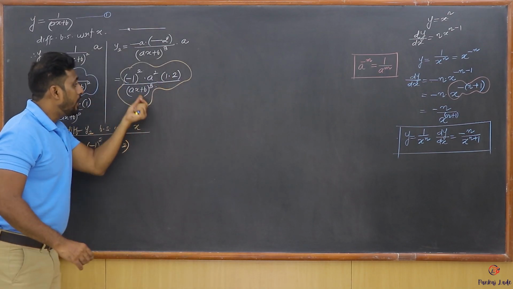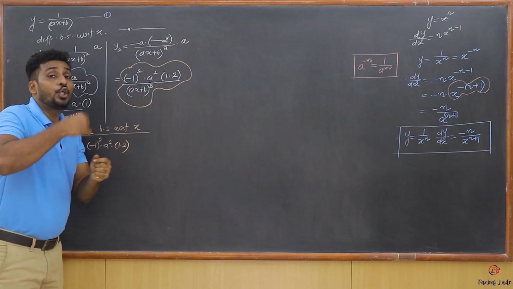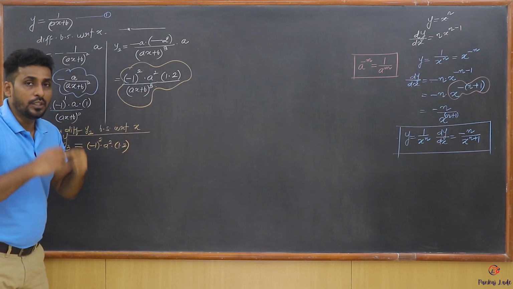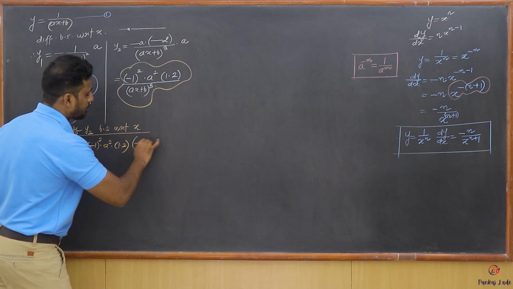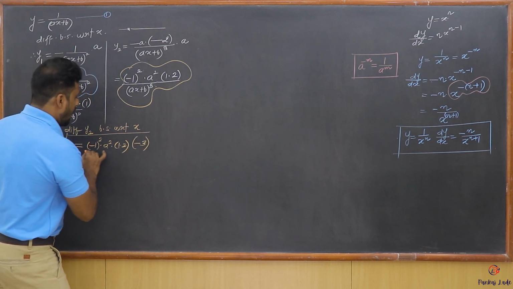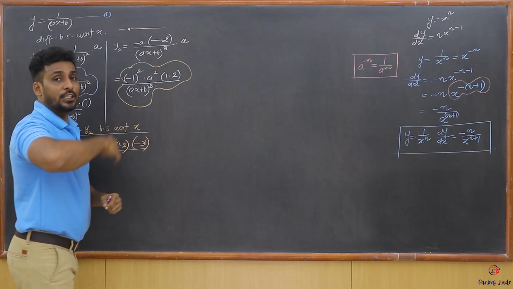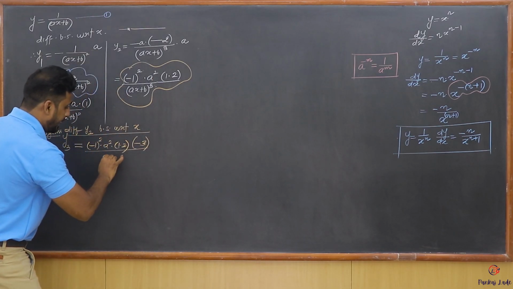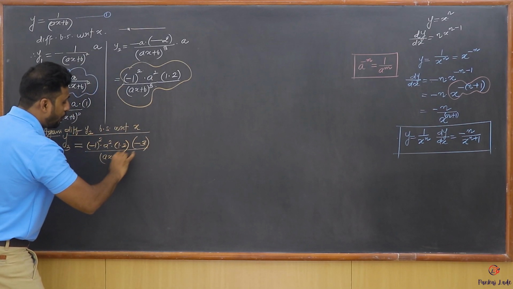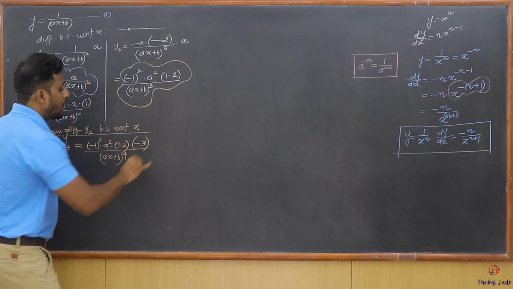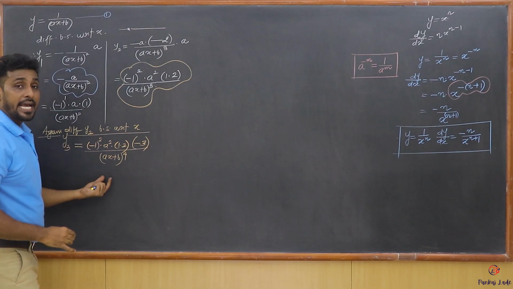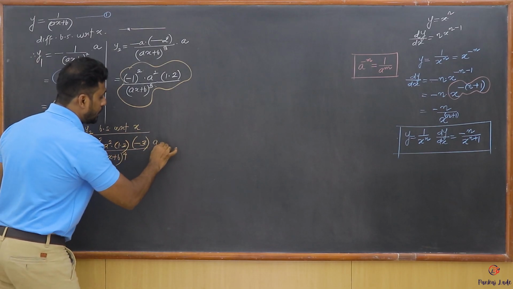So here 1 upon ax plus b cube, you get minus 3 upon ax plus b raised to 4. But this is not x, this is ax plus b. So again, I should be writing the derivative of ax plus b, which is a.